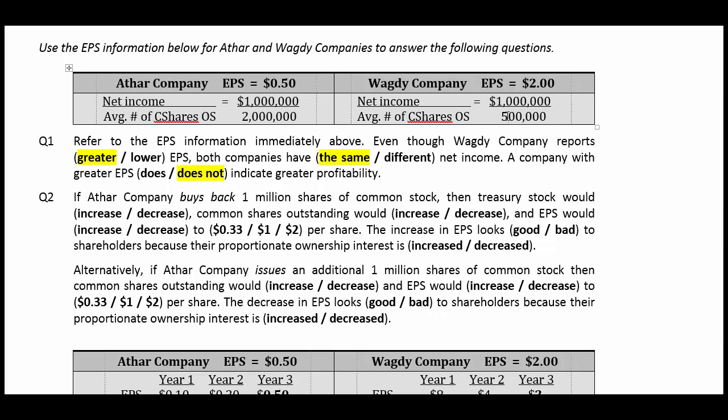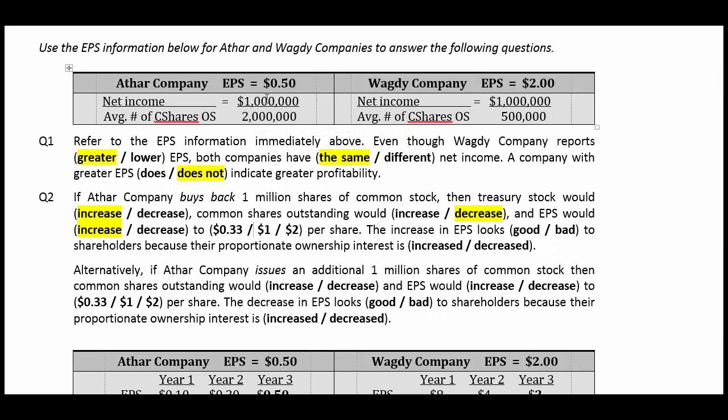If Atar company buys back 1 million shares of common stock, then treasury stock would increase, common shares outstanding would decrease, and earnings per share would increase. Because, why? The denominator here would no longer be $2 million, it would be $1 million.